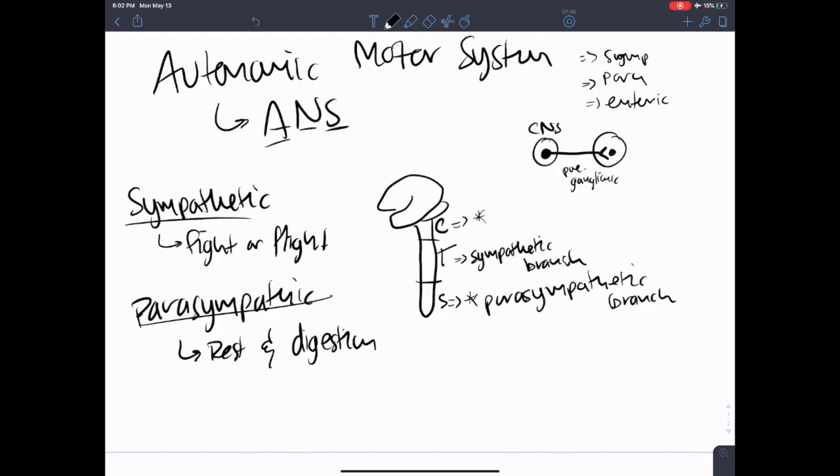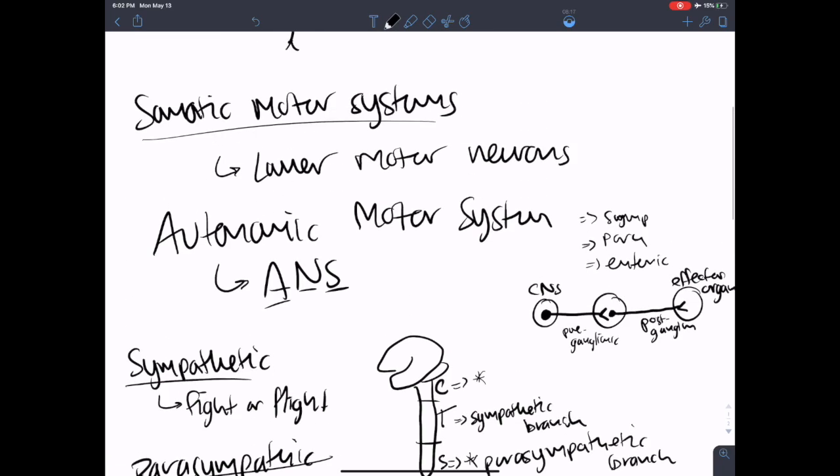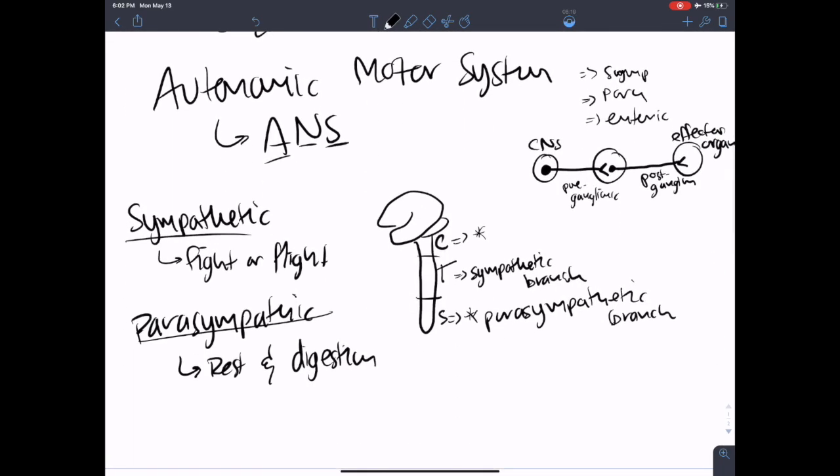It then innervates a ganglion, in the sympathetic nervous system something like the sympathetic chain ganglion. It's a cluster of neuronal cell bodies that's involved in either the sympathetic or the parasympathetic. And this projects out via the postganglionic neuron, the neuron that's after the ganglion, to the effector organ. This is the organ or system that is designed to understand that there's something going on and shift the balance towards what's most appropriate.